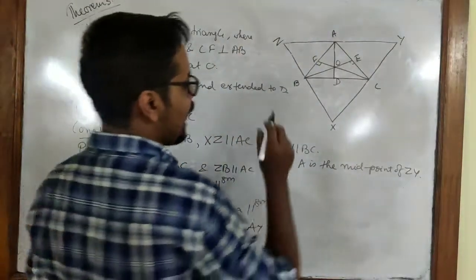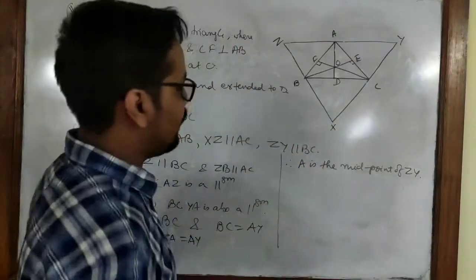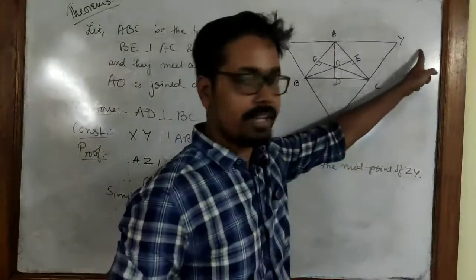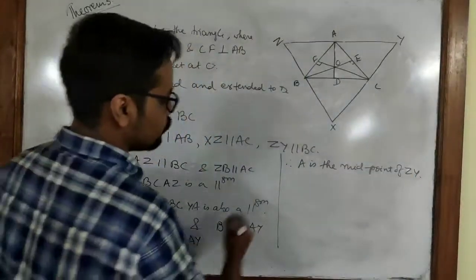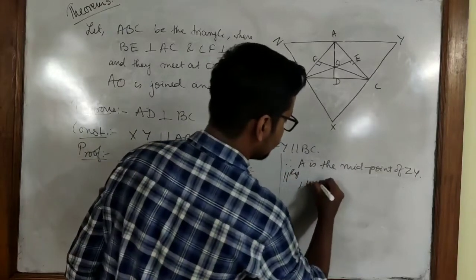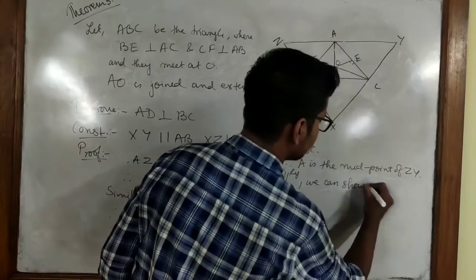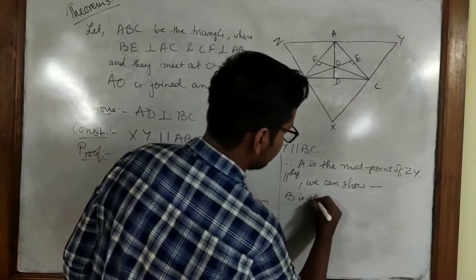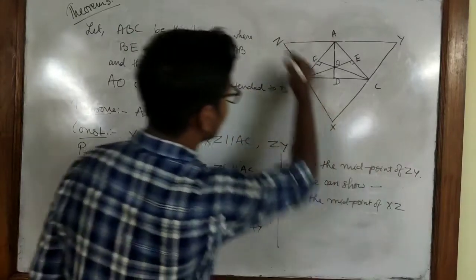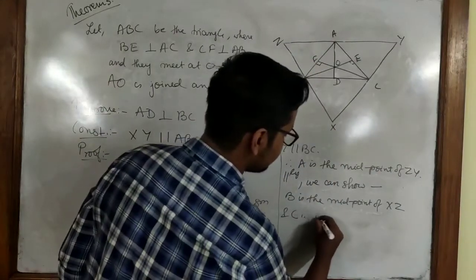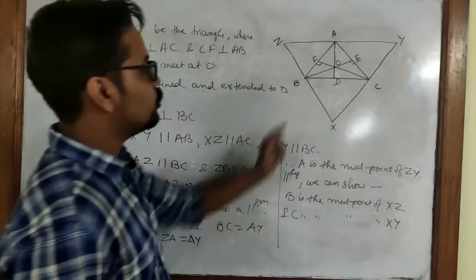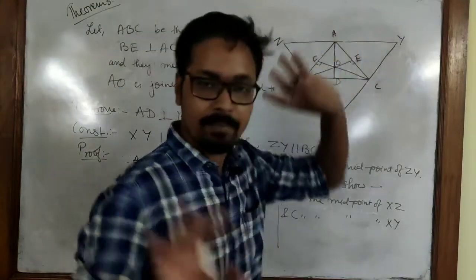Now look, similarly we can show, as I have shown A is the midpoint of ZY, that B is the midpoint of XZ and C is the midpoint of XY, because these are all symmetrical diagrams. Done? I hope it is clear till now. So we have proven that these three are the midpoints of these three lines.